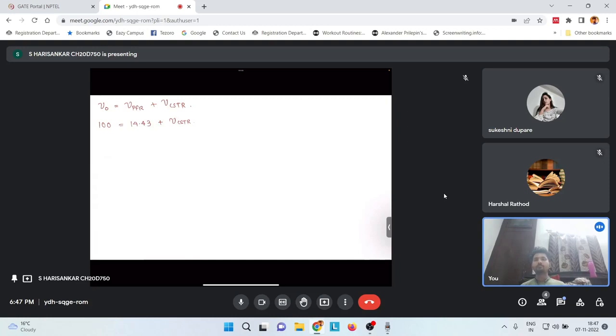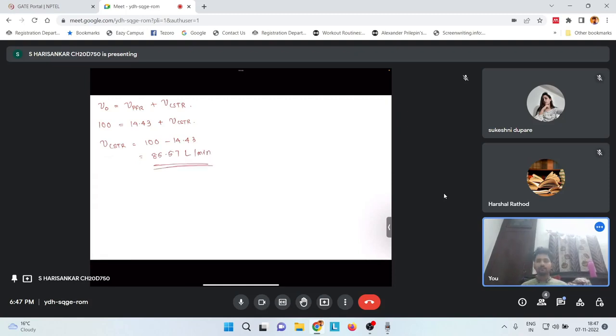So from this we can find the amount of flow rate that is going to the CSTR. So nu CSTR will be 100 minus 14.43, and that will be 85.57 liter per minute.